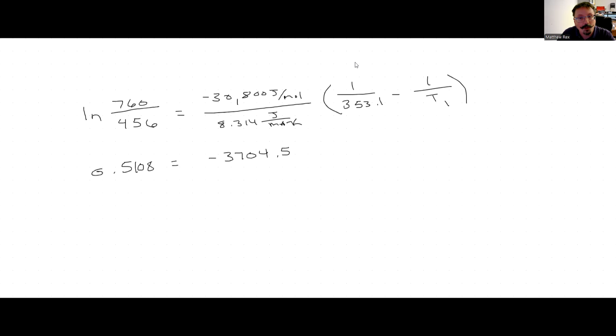I'm going to take that and multiply it by both of the terms in here. So I'm going to multiply that by 1 over 353.1 and 1 over T1. And if I do that, I'm going to get negative 10.4916.